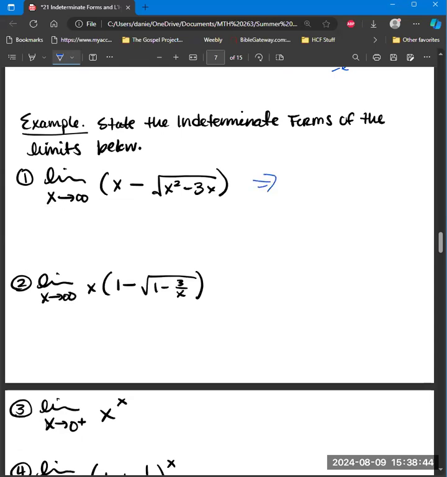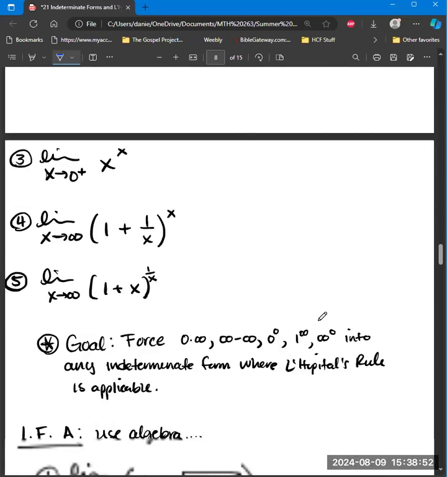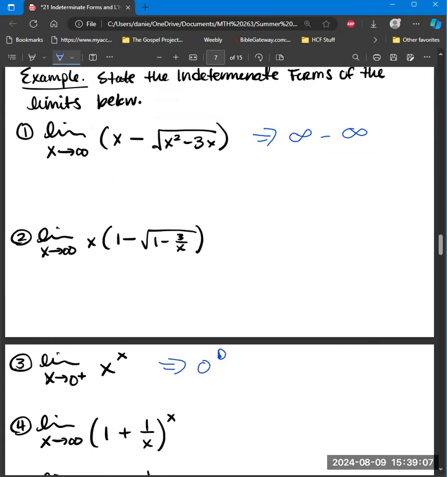So let's state the indeterminate forms of the limits below. So this is going towards infinity minus infinity. And this one is going to 0 to the 0. And this one, did I skip one? I did. This one is going to infinity times, and if I stick infinity in here, 1 minus 1 is 0.